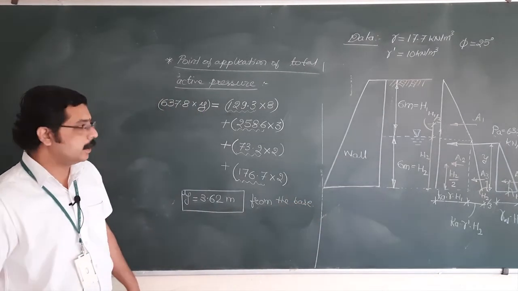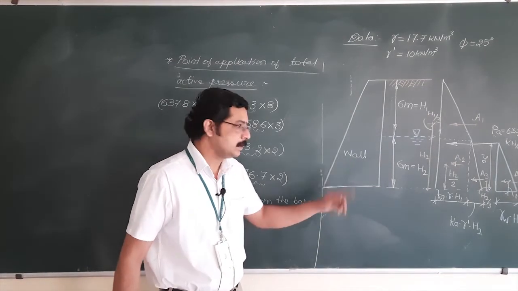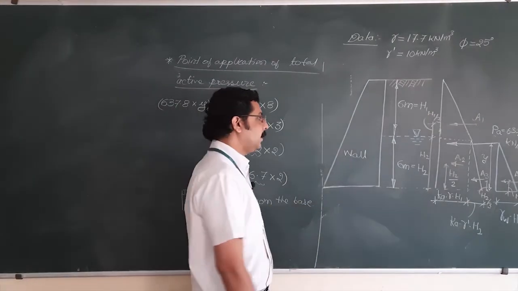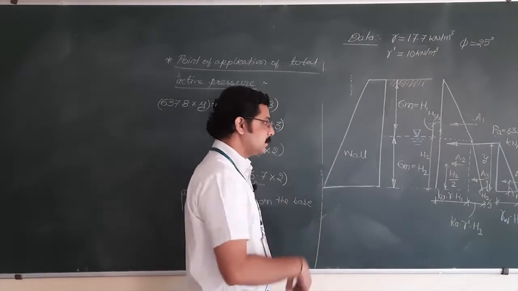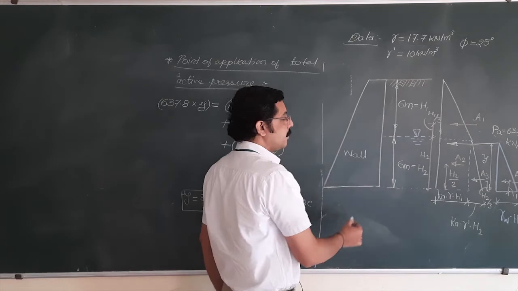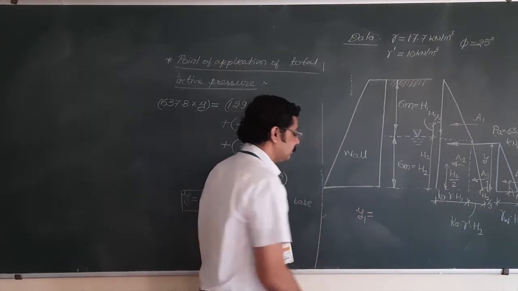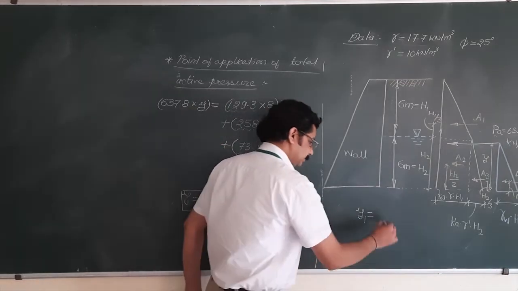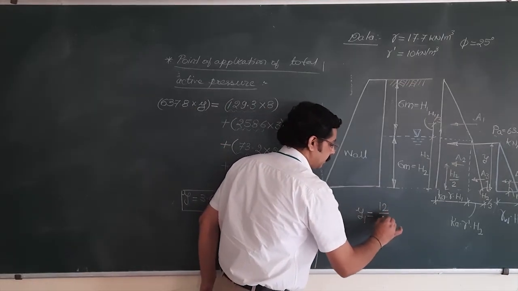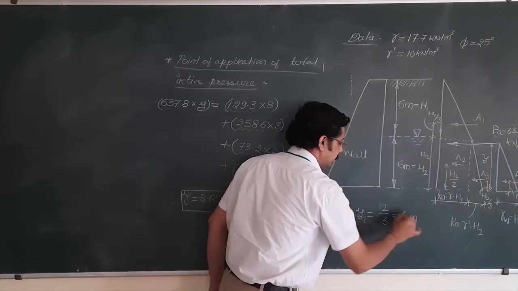Now, if you recollect, in the first condition when the soil is dry, the total pressure was acting at H by 3 distance. H by 3 means 6 plus 6, 12 divided by 3. Hence, in condition 1, Y1 was 12 divided by 3, which was 4 meter.